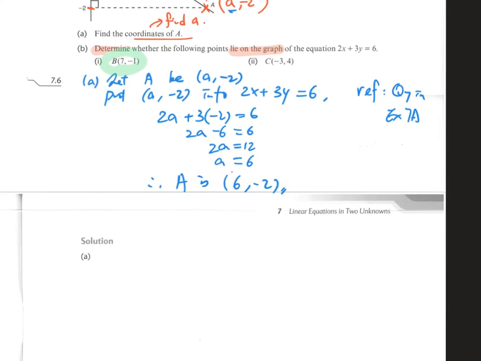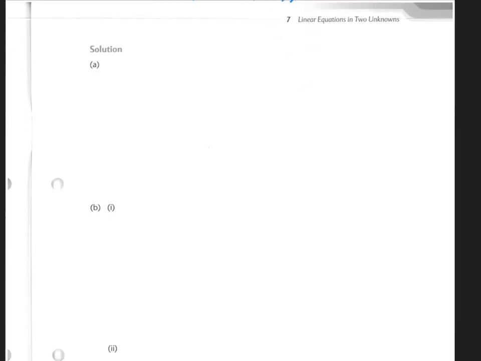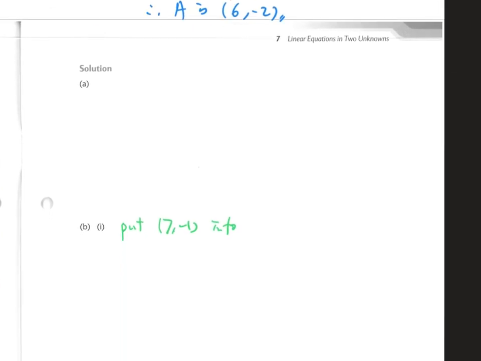Point B, (7, minus 1). In this case, I will put (7, minus 1) into the equation 2x plus 3y equals 6.